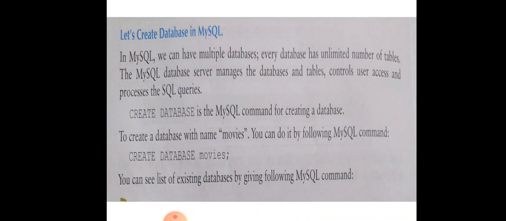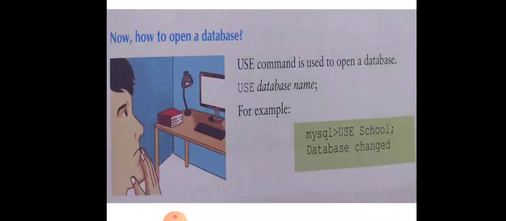You can see the list of existing databases by giving the following MySQL command. By writing show databases, you can see all the databases in your system. Now if you want to open a database, then write the use command: use database name. Suppose you want to open a school database, then we can write use school.